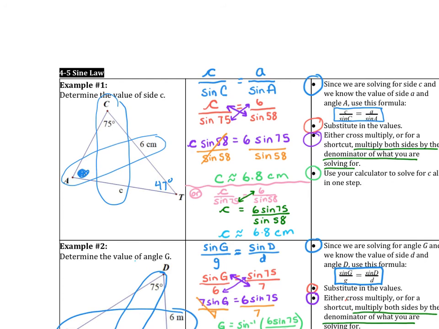So in this case, you don't have a matching set because you don't have this angle and you have this side. But because you know this angle and this angle, you could figure this angle out by the fact that all three angles add up to 180. So if you have this angle and this angle, you can solve for this angle by subtracting these from 180. So sometimes it doesn't look like it's a sine law question, but it actually is.